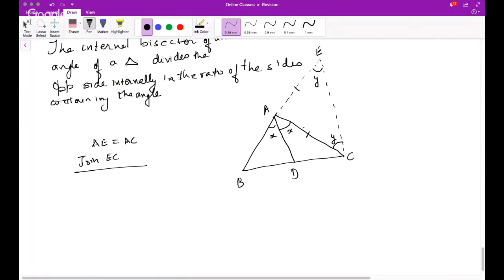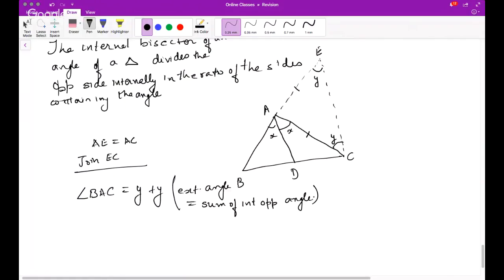Also if you see, I can write angle BAC is angle Y plus Y. Why? Because exterior angle is equal to the sum of interior opposite angles.